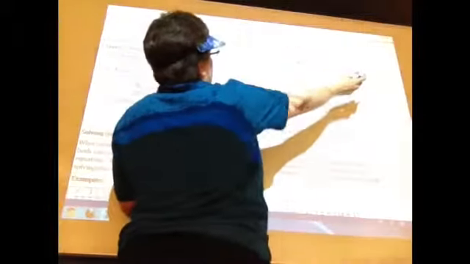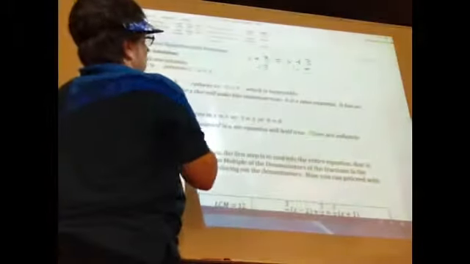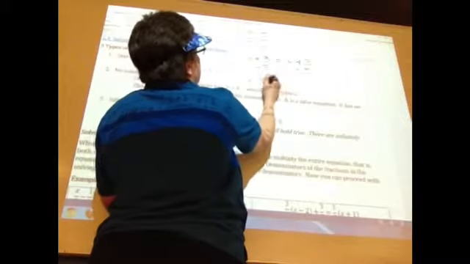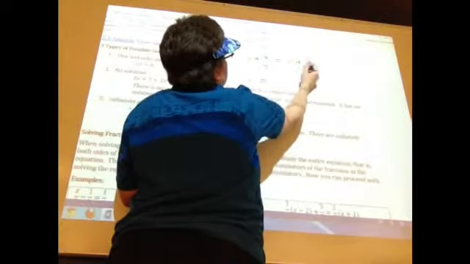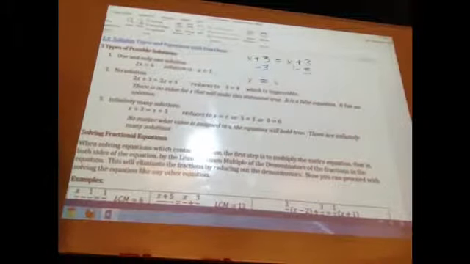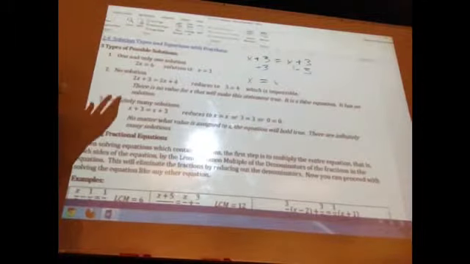What if I tried to get my constants over? Let me get all the constants to the right first. So I'm going to subtract 3 from both sides. I get x plus 3 minus 3, 0. So x equals x. No matter what x is, x equals x. So that's always true, and x can be anything.